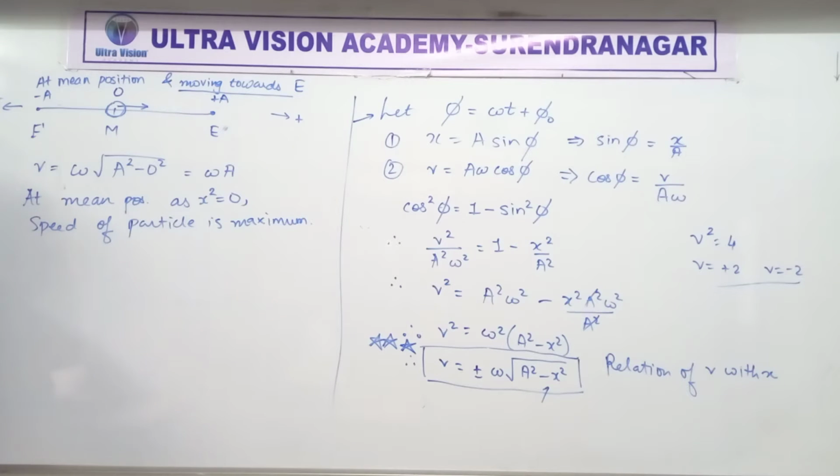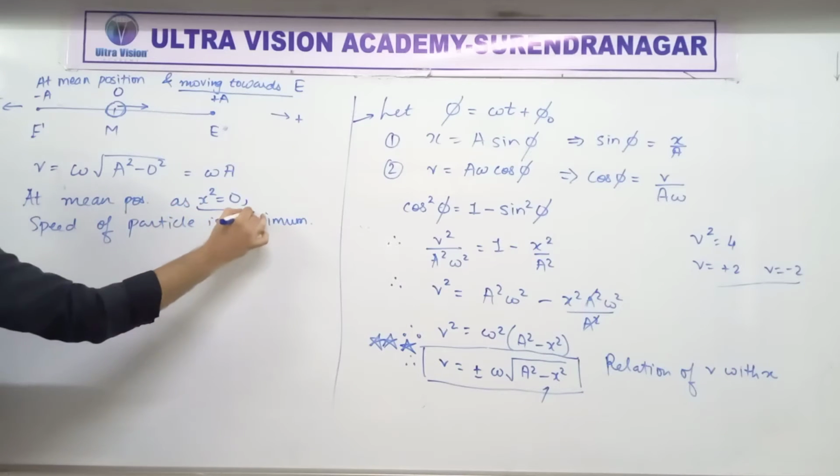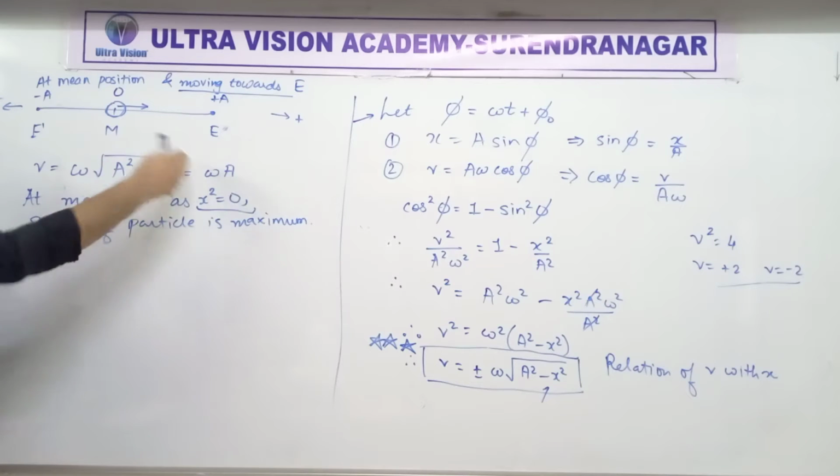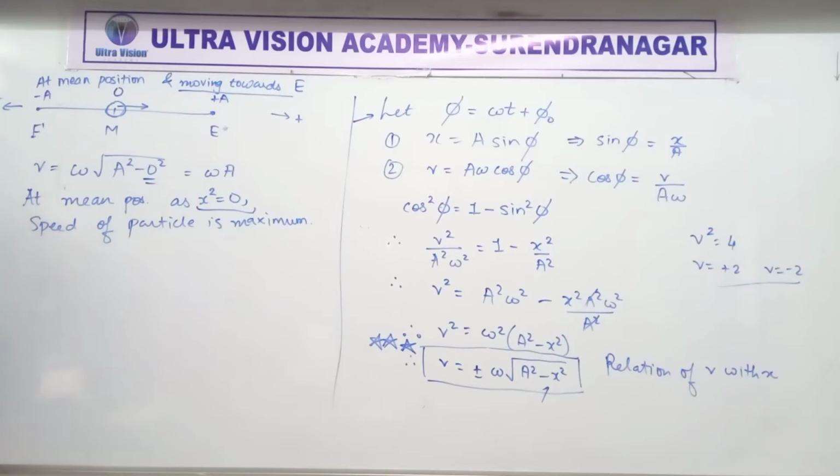Here you are subtracting 0. So the particle has maximum speed. How much? Maximum speed Vmax is equal to omega a. Clear?